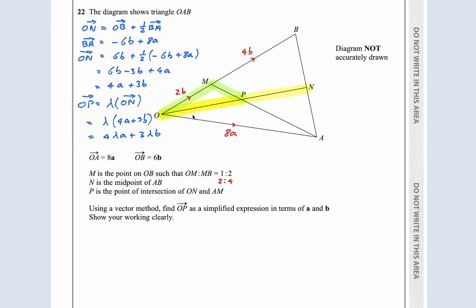Okay, second method is I'm going to say OP is equal to OM plus MP.